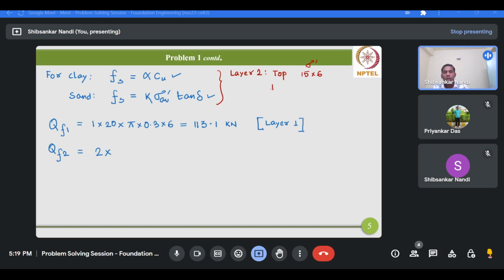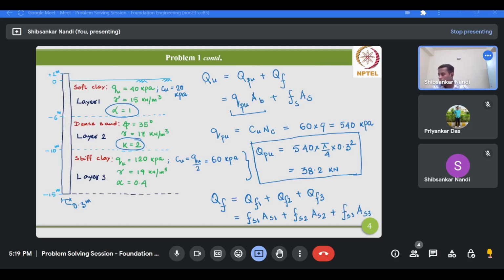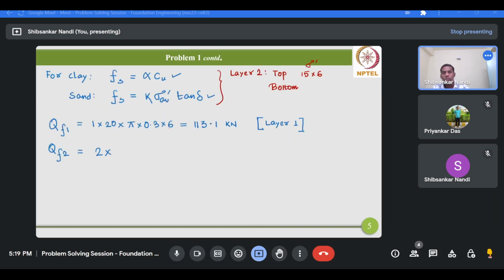And coming to the bottom, it will be 15 multiplied by 6 plus 17 multiplied by 4.